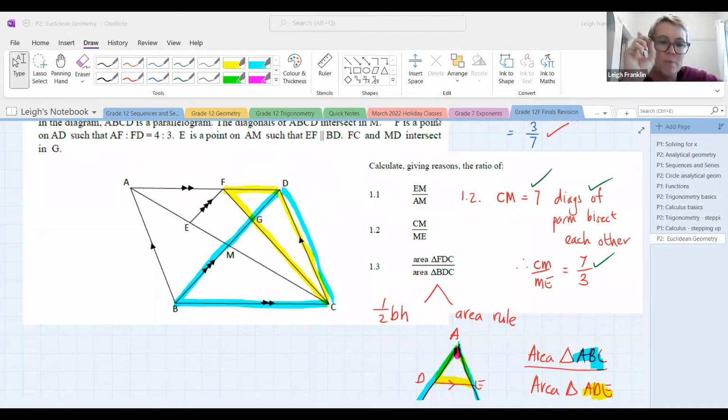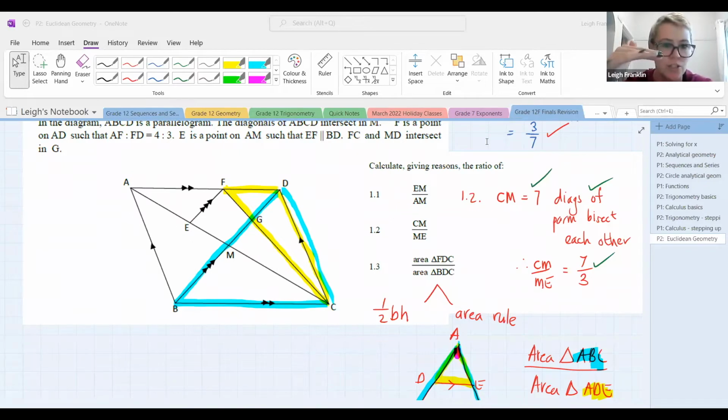Now, the other thing that we need to remember here is that these two triangles lie between the same parallel lines. Both triangles lie between AD and BC. What do we know about parallel lines? Lines are parallel when the distance between them never changes.